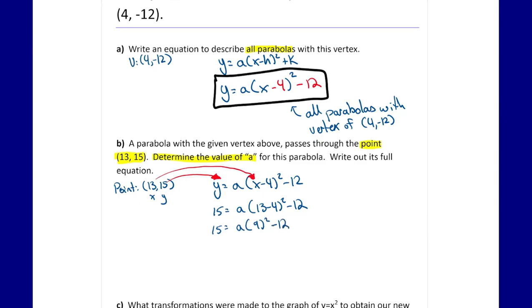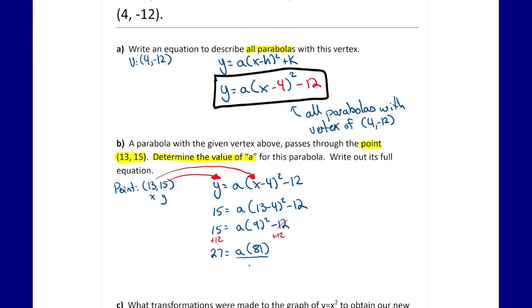I'm going to move the 12 over by adding 12 to one side and adding 12 to the other. So I get 27 is equal to a times 9 squared, which is 81. Now one thing to keep in mind, it's a times 81. It's not a plus 81 or a minus 81.